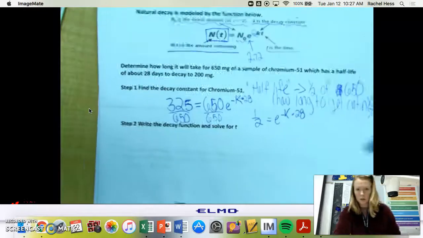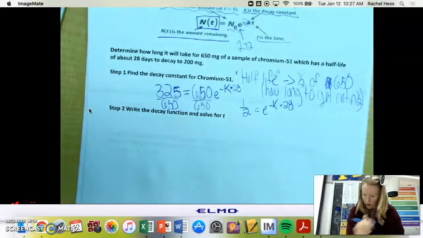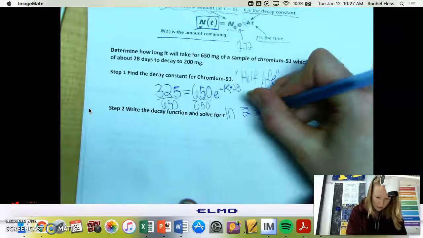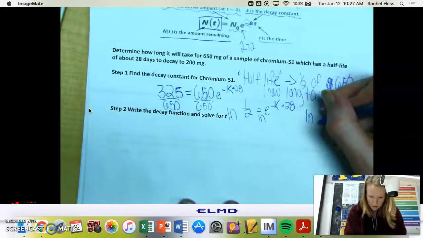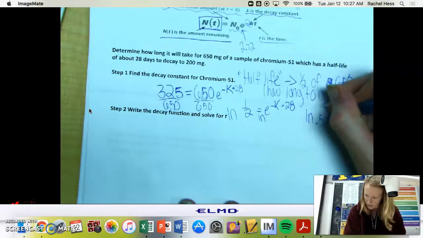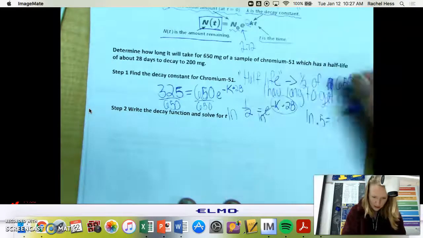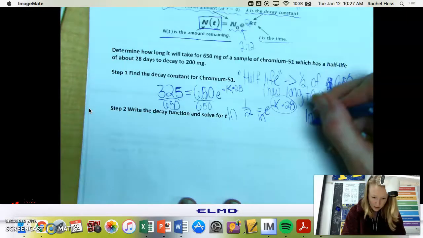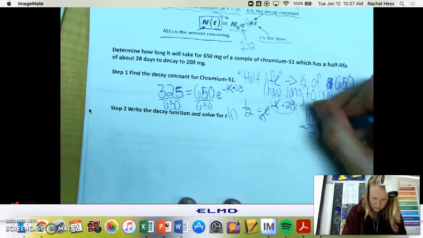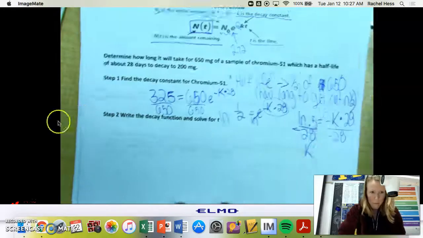Remember, to undo an exponential, we have to log, but in this case, we're going to be natural logging both sides. We would get the natural log of 0.5 is equal to, in this case, natural log and e cancel, negative k times 28. And then I would divide by negative 28 to get my answer for k.